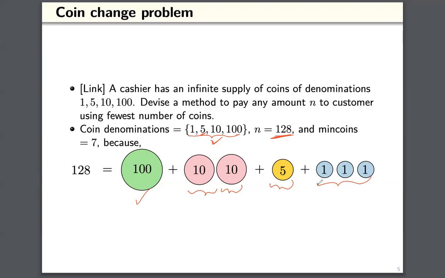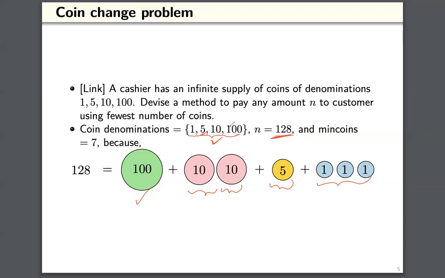Now, can you tell me, does this always lead to the minimum number of coins? Not necessarily. So for this example, it worked, but for another example, it might not work. But what is the idea here? This is a greedy algorithm.